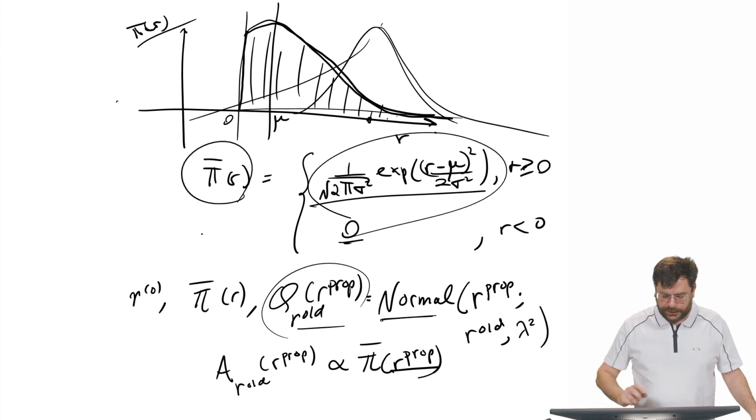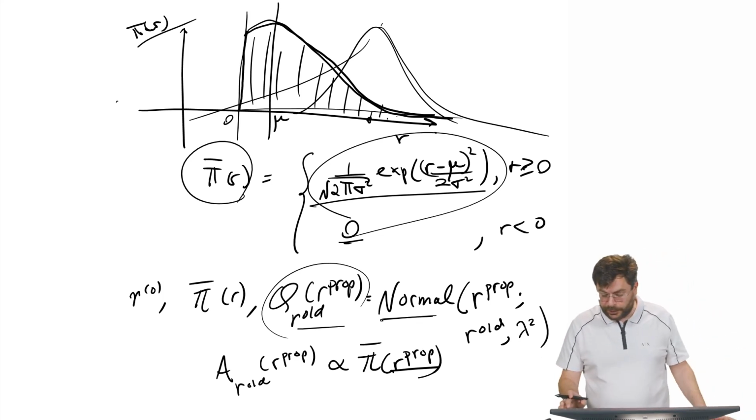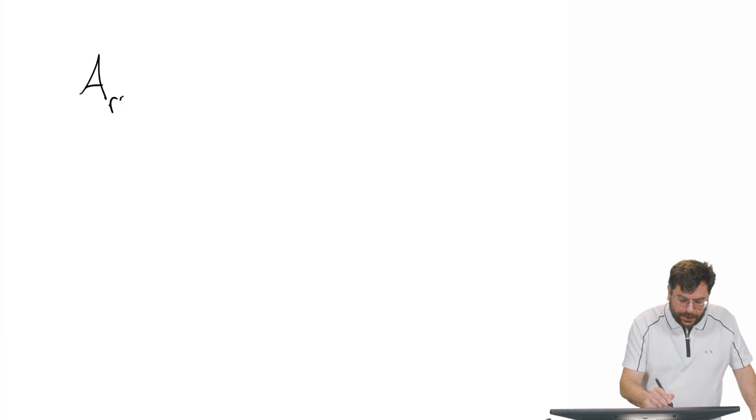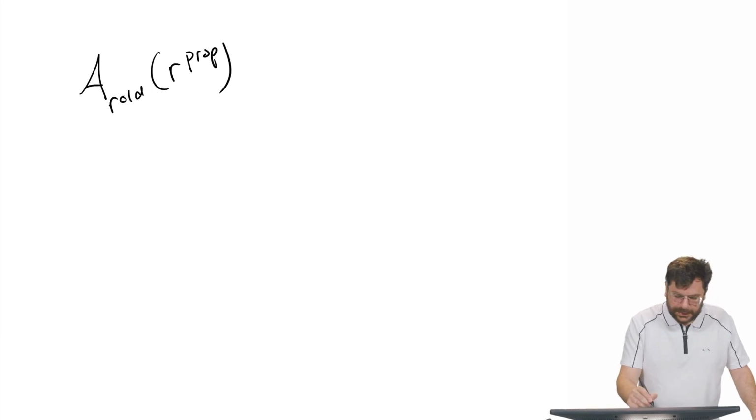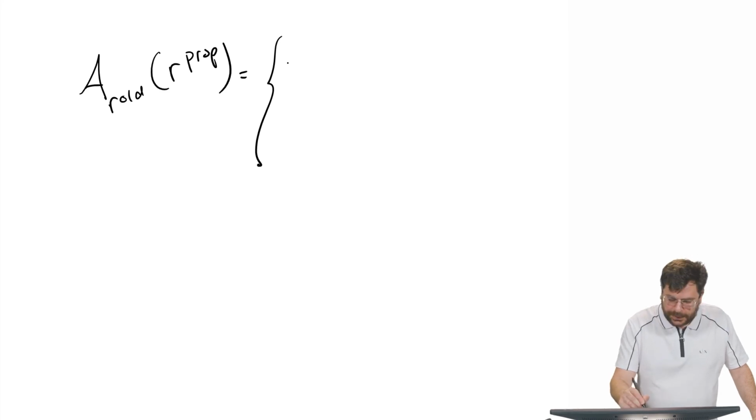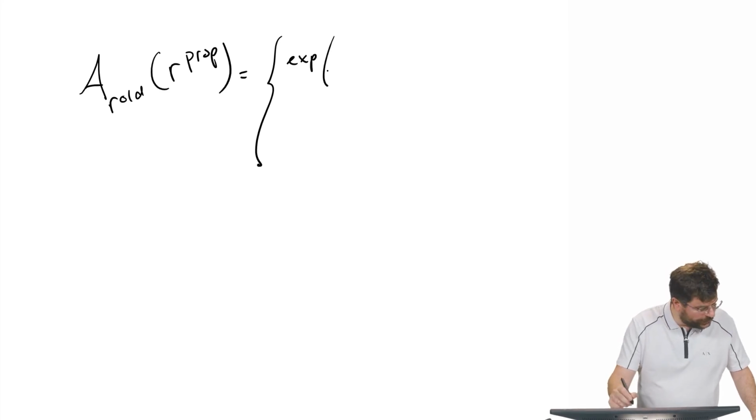I know what my target distribution is. I know what my acceptance ratio is. We wrote down the expression last time. So I can go ahead and write down my A of R old, R proposed. And that's going to be equal to, let me go ahead and write it down, and then we can talk about it for just 1 second.